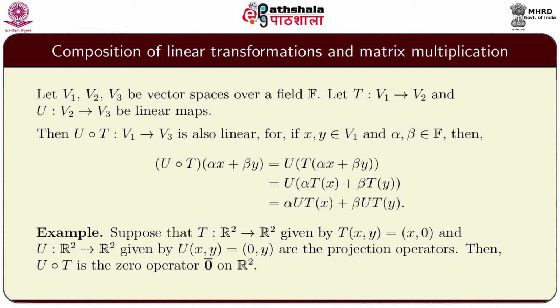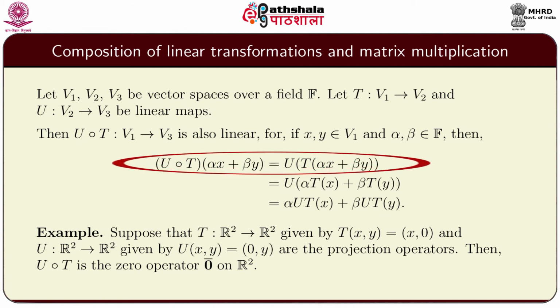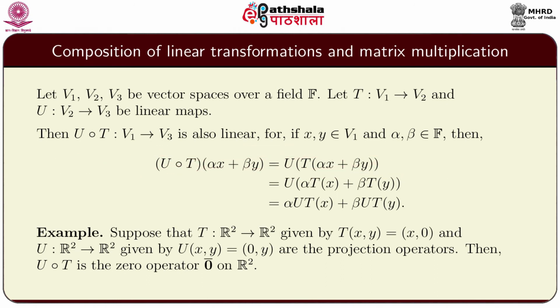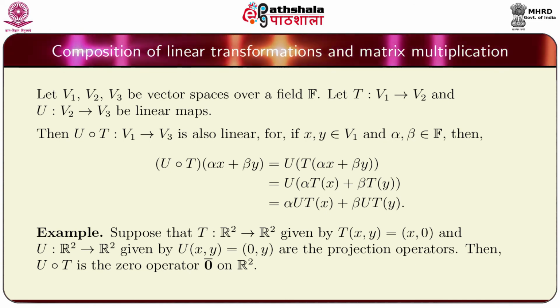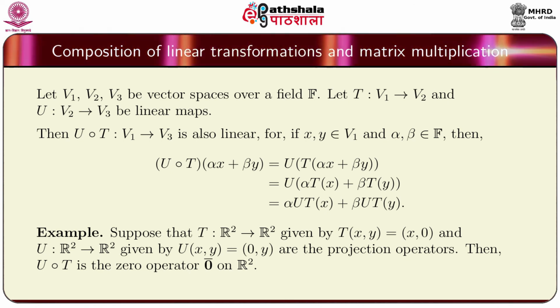That is a routine checking, because U composition T of alpha x plus beta y would be U of T of alpha x plus beta y, and then we use linearity of T followed by linearity of U to show that U composition T is also a linear transformation from V1 to V3.